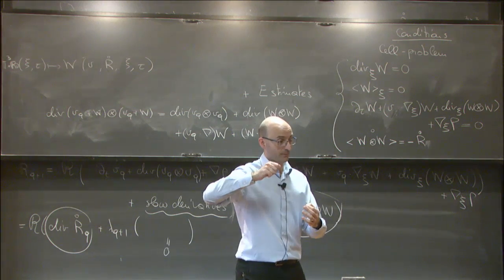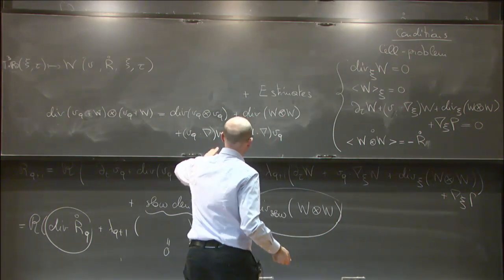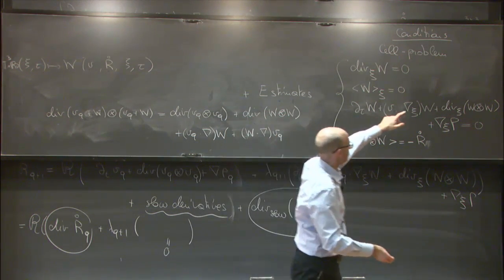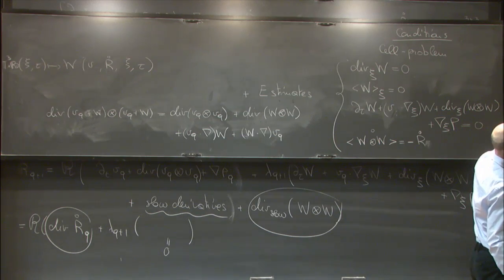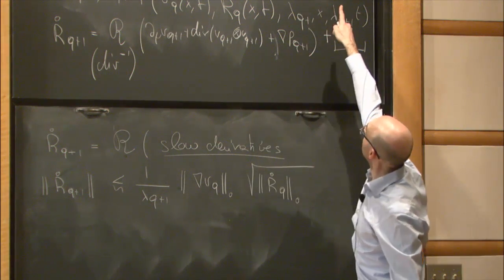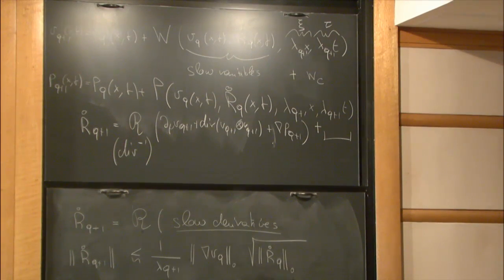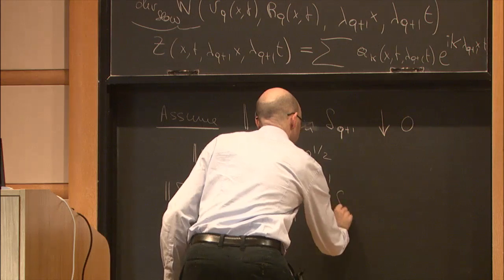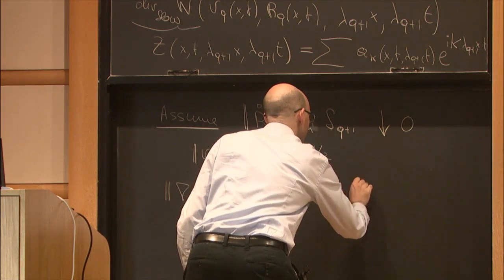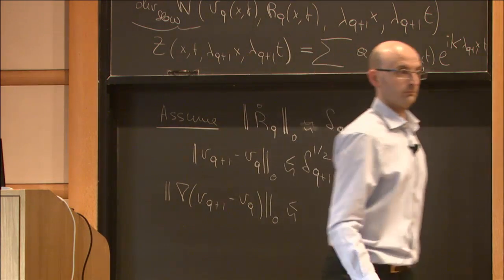But then, if you remember, I'm oscillating, and I'm oscillating like lambda Q plus 1. Of course, when I compute this derivative, I have a very complicated formula to take into account. I have to take the derivative of that big W, right? But the danger is all on the fast oscillating variables. So essentially, it will spit something like delta Q plus 1 to the 1/2 lambda Q plus 1. Okay?